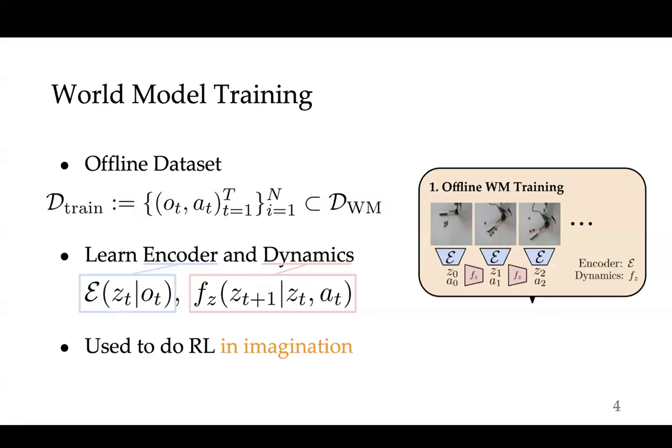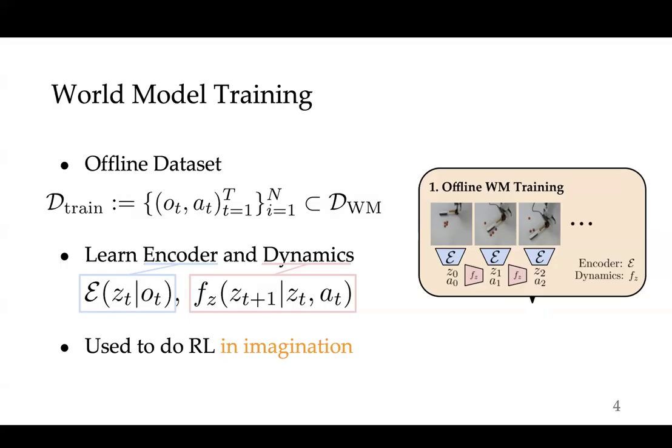World models are this interesting concept where we can take many different pairs of observations, which are RGB images of our robot interacting with the world, and actions of what the robot is doing. So these could be joint velocities and things.